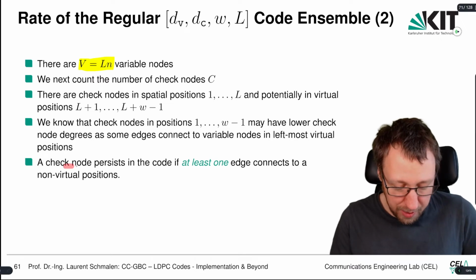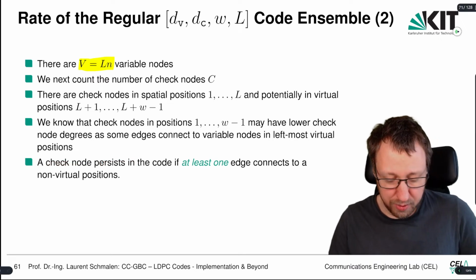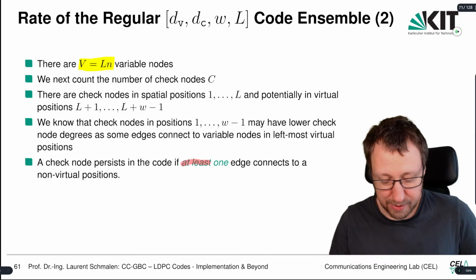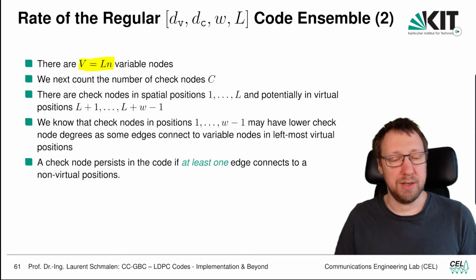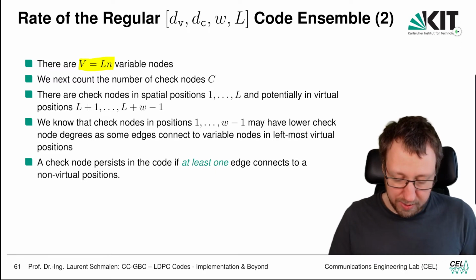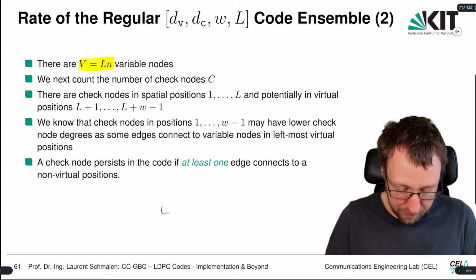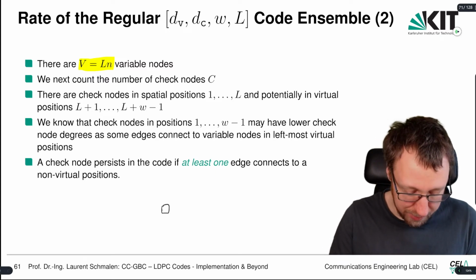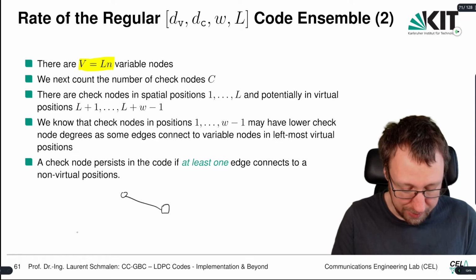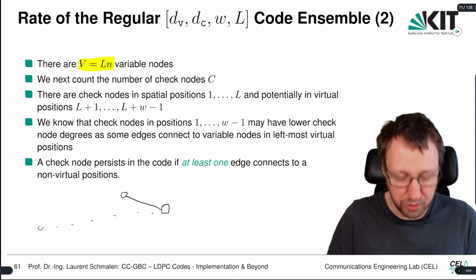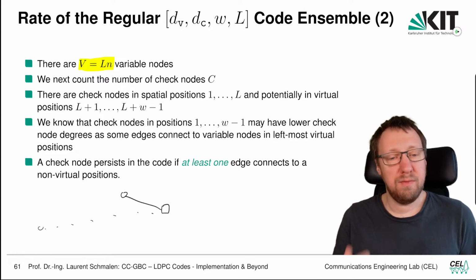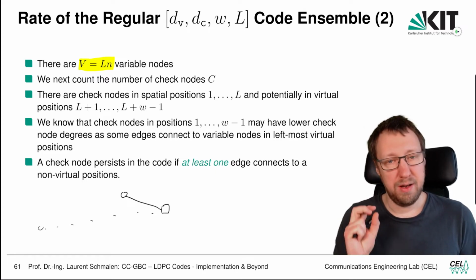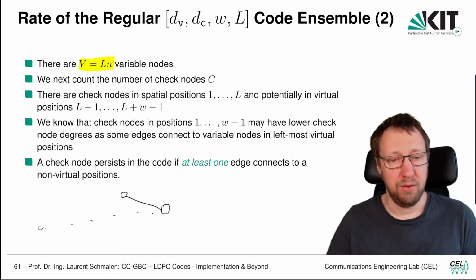So a check node persists in the code if at least one edge connects to a non-virtual position. So we have a check node, and if it has one edge that is connected to a non-virtual position, and the edges that are connected to virtual positions are being removed, then we have a check node that persists in the code.